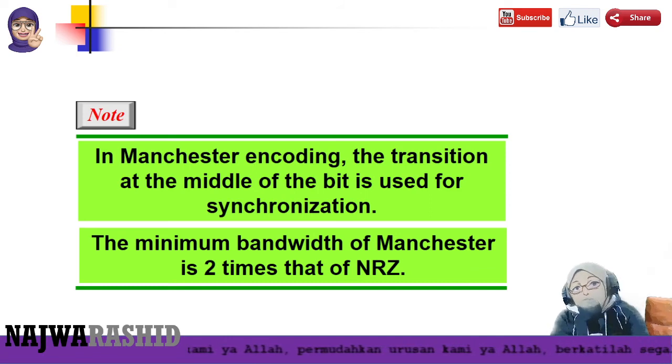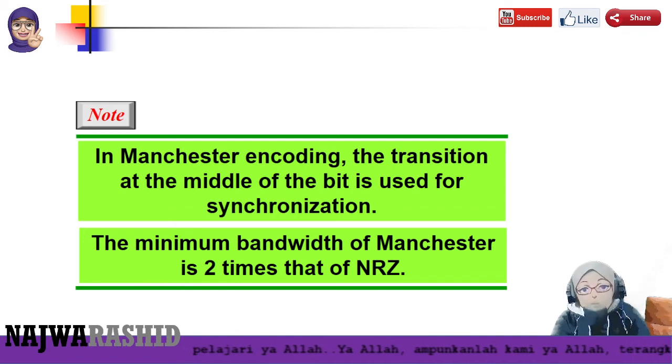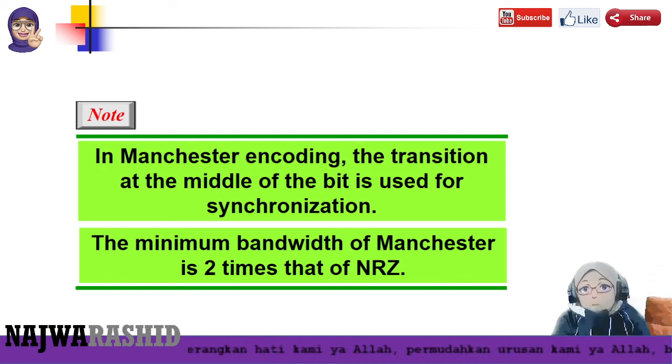The minimum bandwidth of Manchester is 2 times the NRZ, non-return to zero, bandwidth. It means that Manchester has double the bandwidth of NRZ. If we want to use Manchester, we must have more bandwidth compared to the non-return to zero scheme.